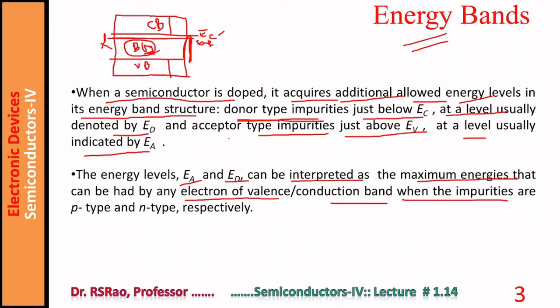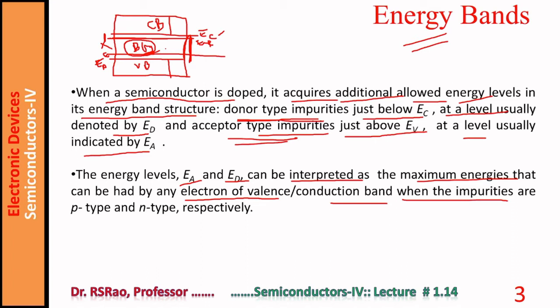Similarly, if we add acceptor type impurities, allowed energy levels come into being just above the valency band. These energy levels are indicated by EA. Now notice, with the allowed energy levels lying at EA, the band gap is reduced.